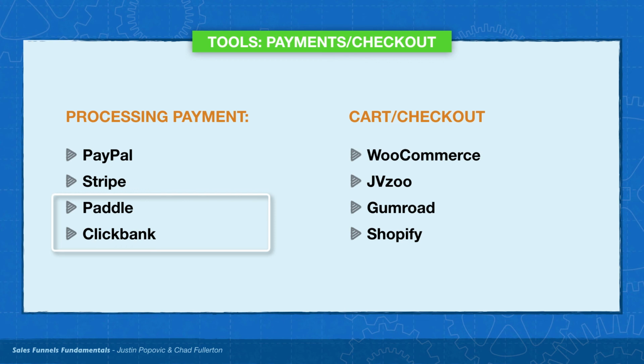So if you're worried about things like taxes and selling into Europe, where they have a lot of complex tax laws, then these services take care of that for you because they are selling on your behalf. They're collecting the payment on your behalf. Their company goes on your invoices, and then all of that gets sent to you as a check at the end of the month or whatever their payment schedule is. So you just essentially get a check in the mail for your cut of the payments.